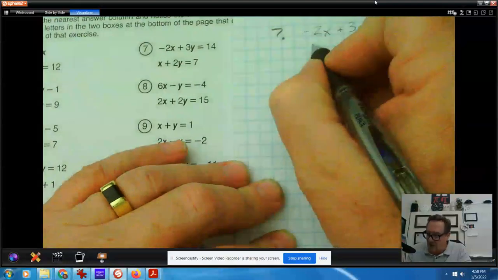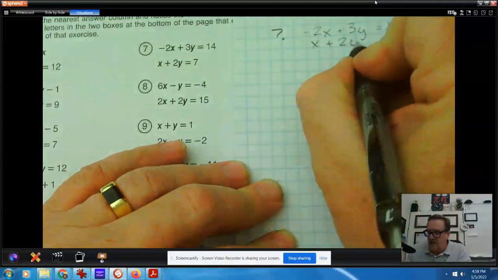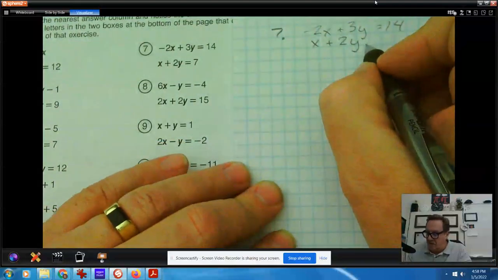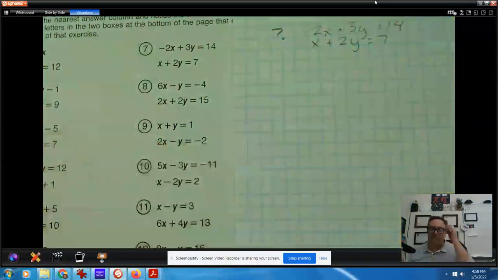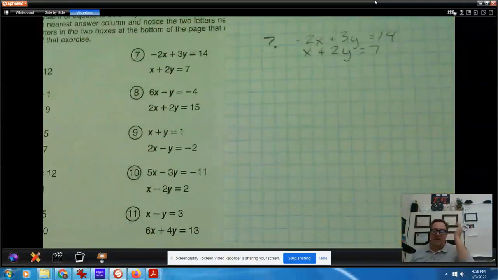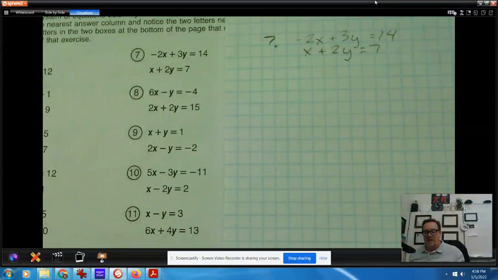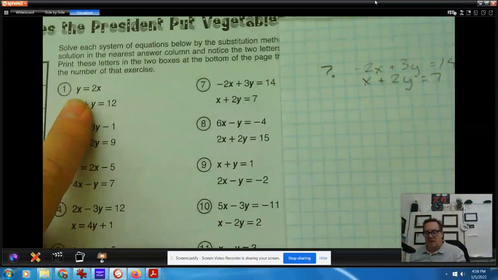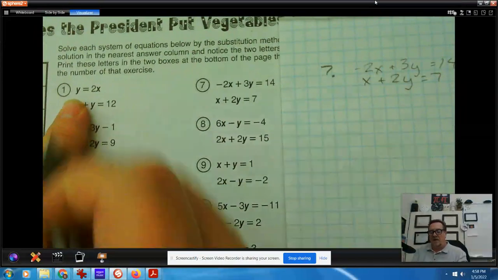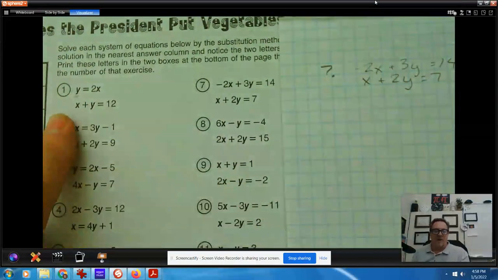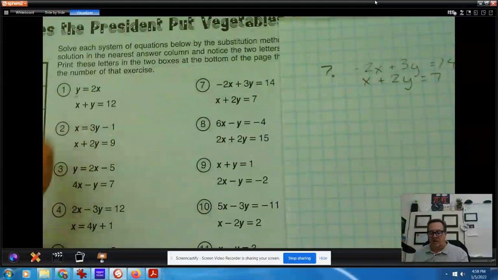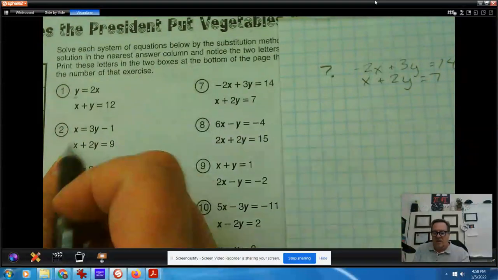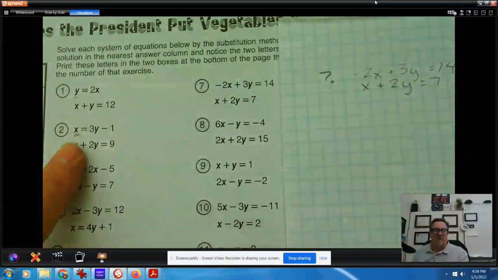And then it says x plus 2y is equal to 7. Okay? The difference between this and something that we looked at before is that when we looked at problem number 1, y was already by itself. When we looked at problem 2, x was already by itself. They'd already gotten the variables by themselves, okay?